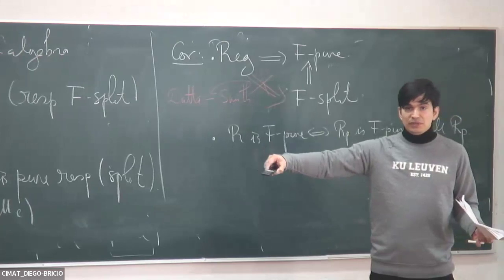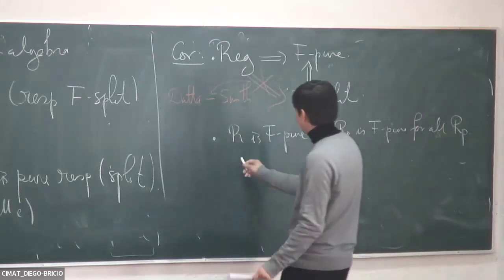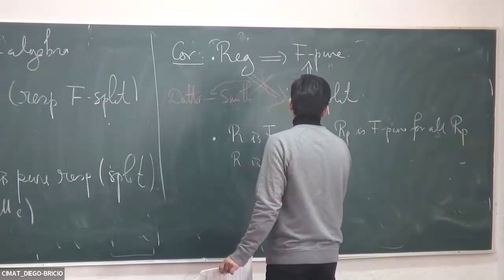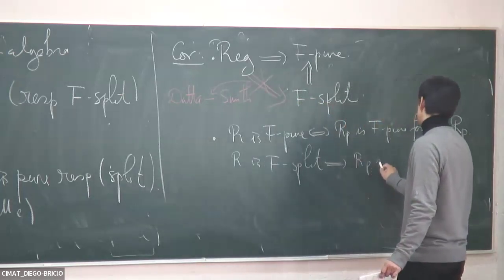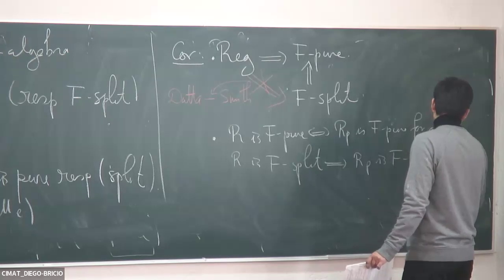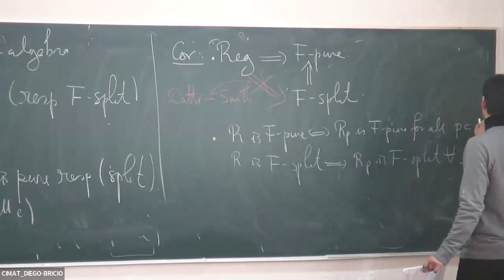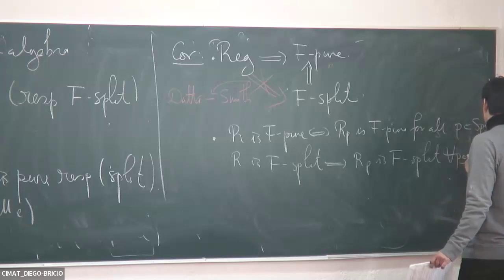So geometrically speaking, it's true that if R is F-split, then it has to split locally, for all p in Spec R. This is fine.